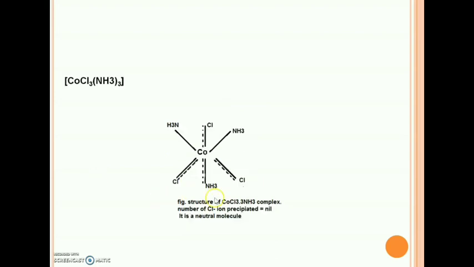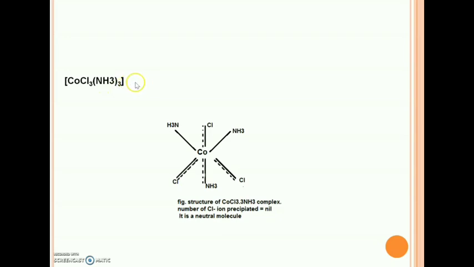Next example is CoCl3·3NH3. Here only 3 molecules of NH3 are there. Therefore, all the chloride ions occupy the secondary valencies, and we have to write the formula of this compound like this: [Co(NH3)3Cl3].